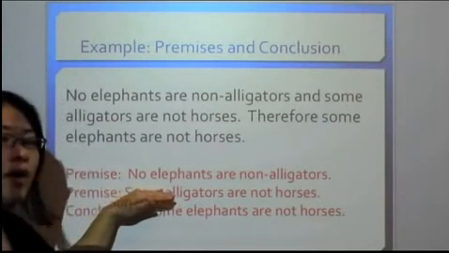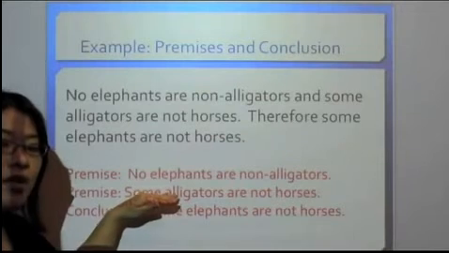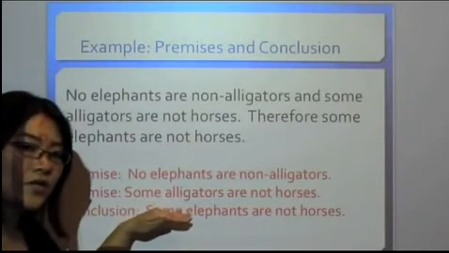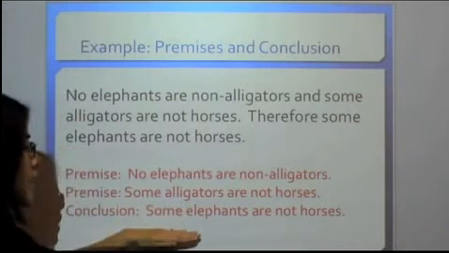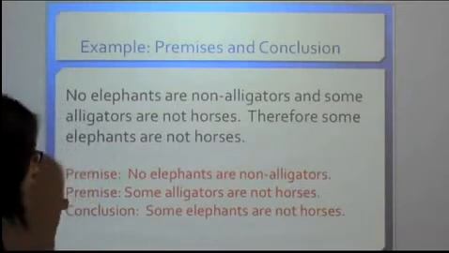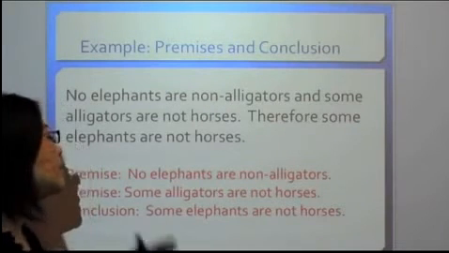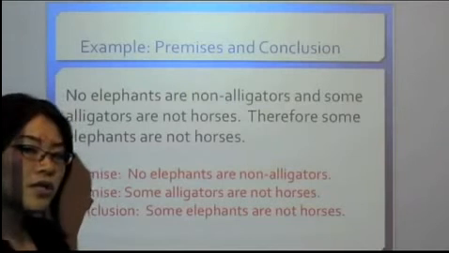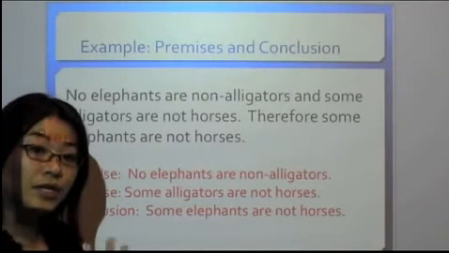No elephants are non-alligators is a standard form E-type statement. Some alligators are not horses is a standard form O-type statement. And some elephants are not horses is also a standard form O-type statement. Okay, now given that these are all standard form categorical statements, what we also want to look at is to make sure that there are only 3 terms.